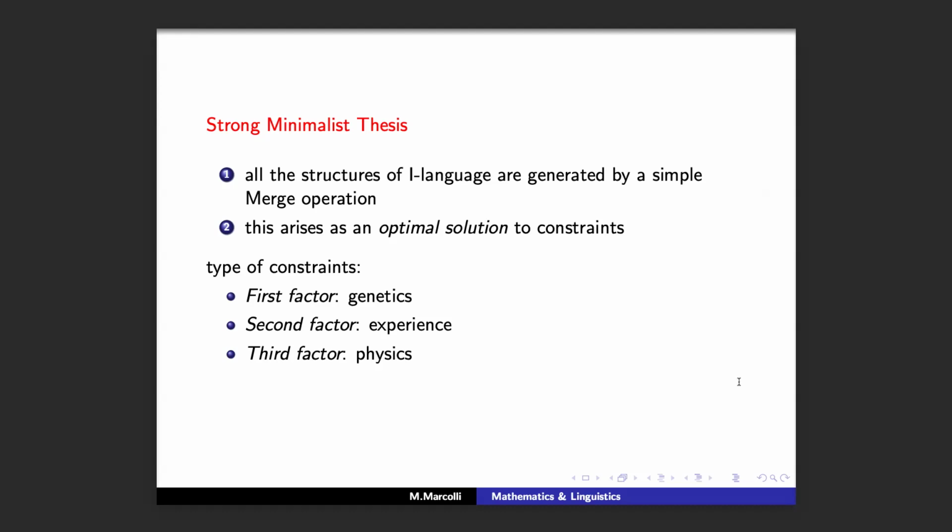So that puts some constraints. For example, the fact that language is externalized as a time ordered sequence of sounds has to do with the way that our body is built. It's our biology, and that puts some constraints.